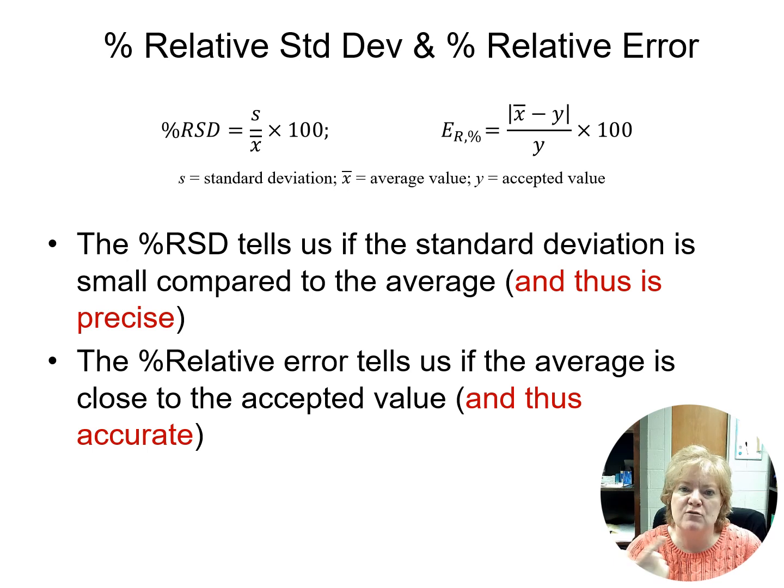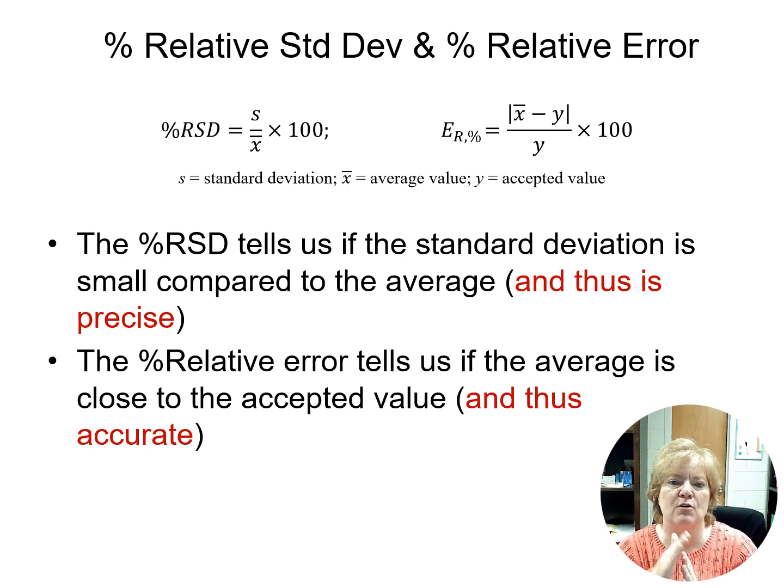How close are my values to each other? That's a precision thing. Accuracy deals with how close are things to the actual correct answer. I don't know the correct answer for part A. I can't do a relative error. I do know the correct answer for part B because I know the molar mass of tartaric acid. And remember, for the percent relative error, it's what was my experimental value, what is the real value, subtract them, divide by the real value, multiply by 100, and it's like, how close were you to the correct answer?